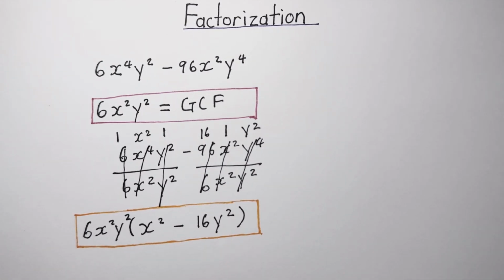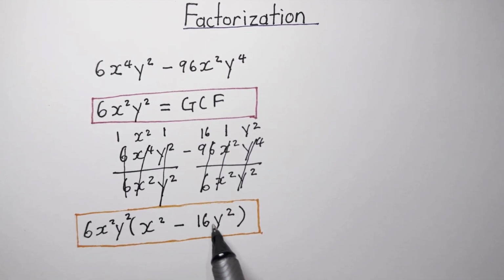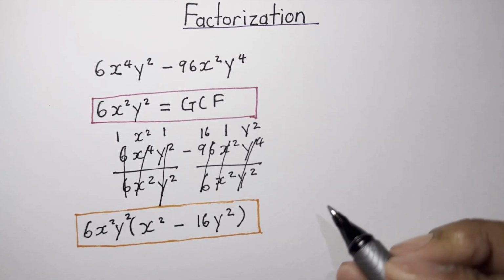Now, let's look at this expression. We can see here that we have the difference of two squares because we have x squared minus 16y squared. So this expression can be factorized even further. So let's go ahead.